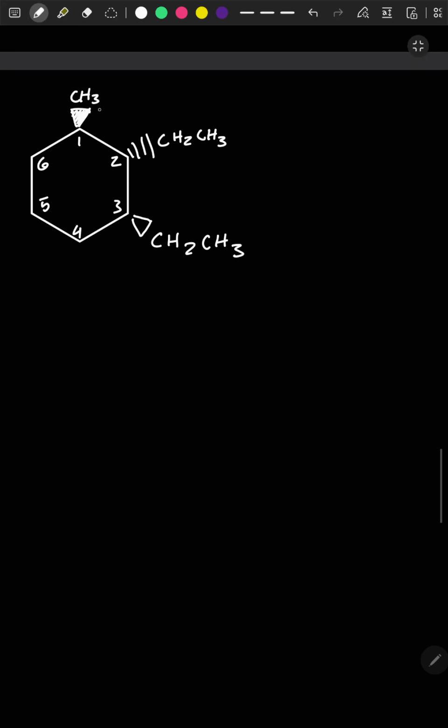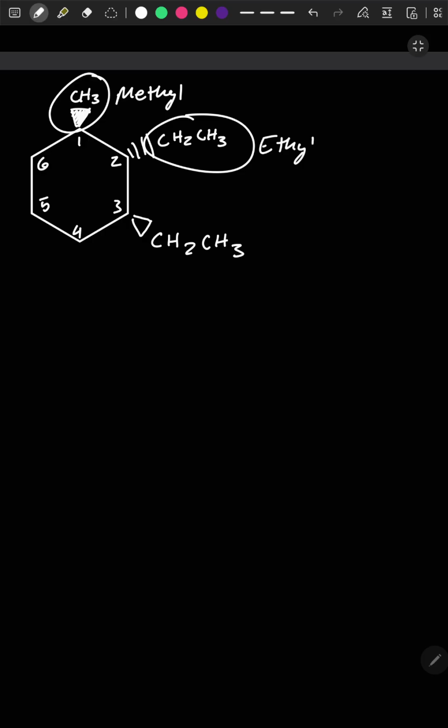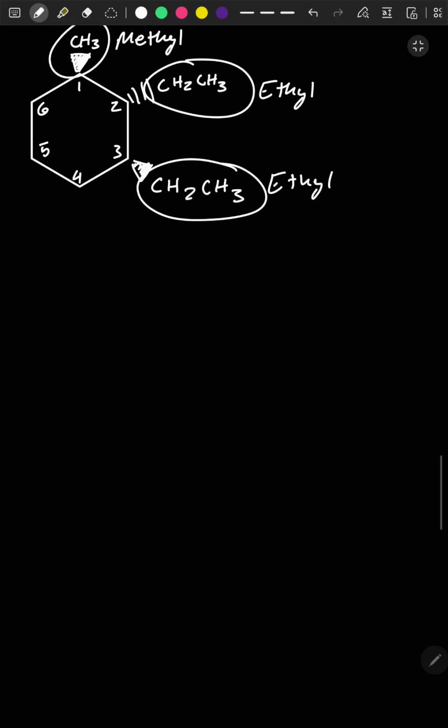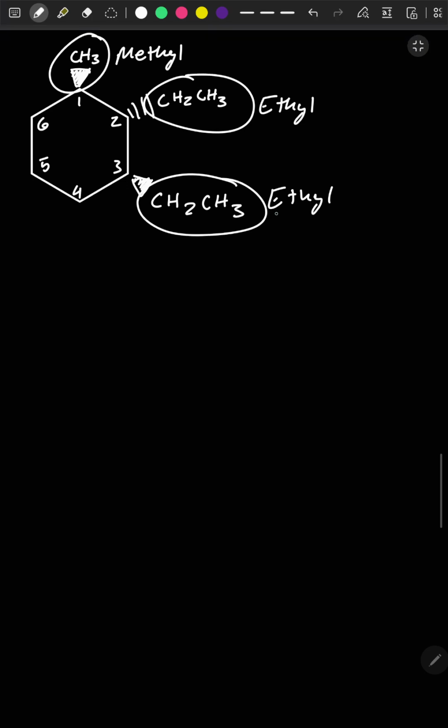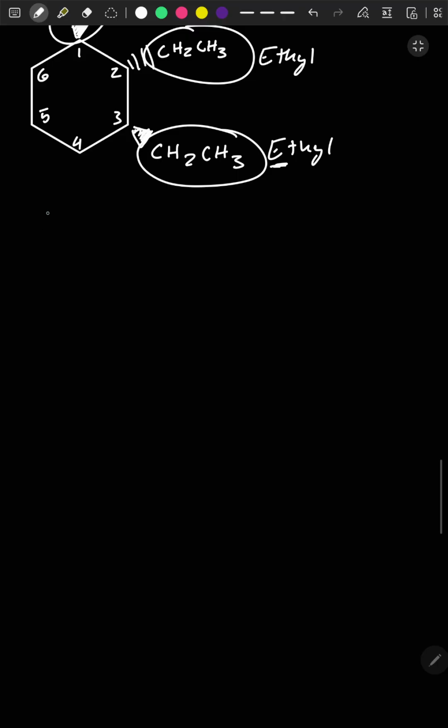Now let's just go ahead and name it real quick. So we know this is a methyl group. Methyl, ethyl, ethyl. Let me just go ahead and color that in real quick. So let's just go ahead and name it. Which one will come first? Well, the ethyl group will come first because it has an E and not an M. And it's at both 2 and 3.